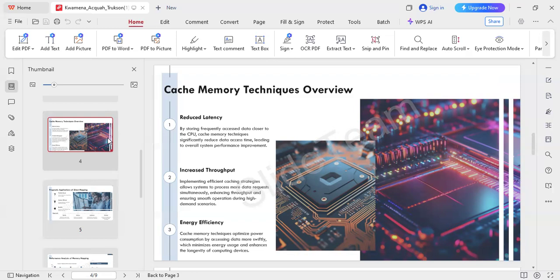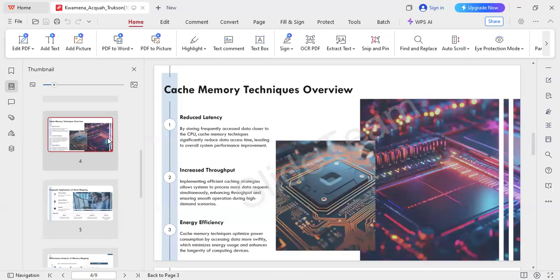So with this, it minimizes time to access frequently used data. And how can you do that? By storing data in cache closer to the CPU. If you do that, it's going to produce faster data retrieval and also help in improving overall system performance.